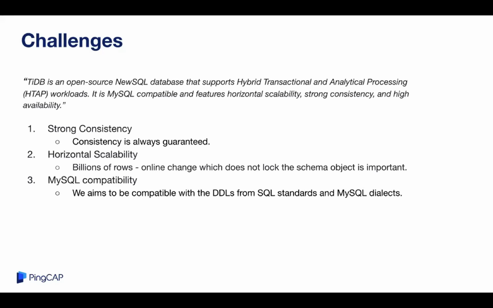Since we might have billions of rows in TiDB, when we have a metadata change, a very large amount of data is affected during the change. So a fast, online-fashioned schema change is very important to our system.